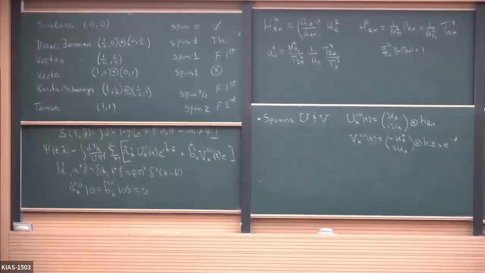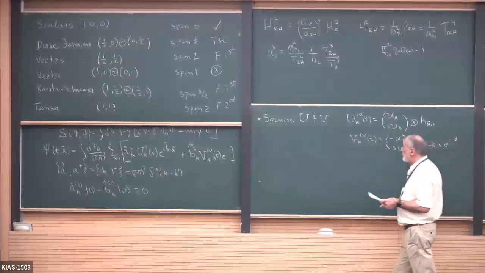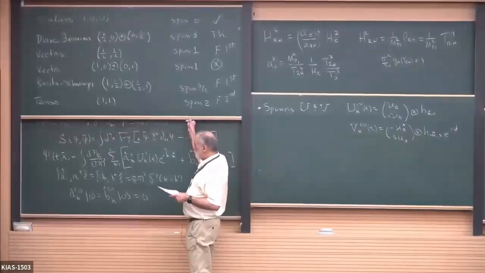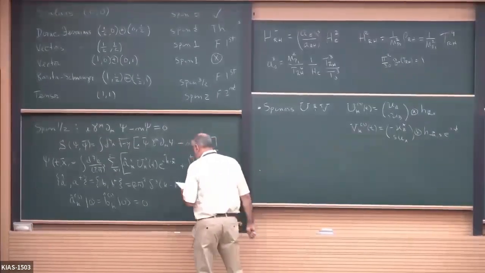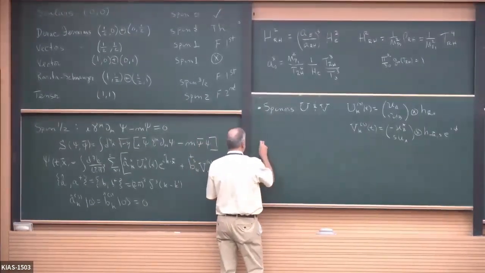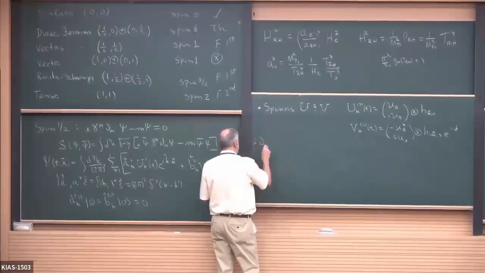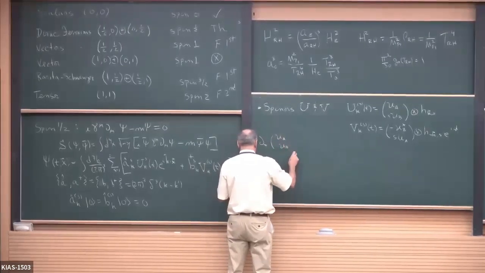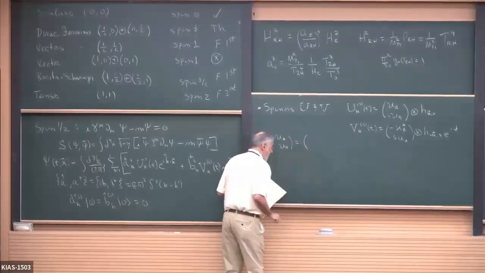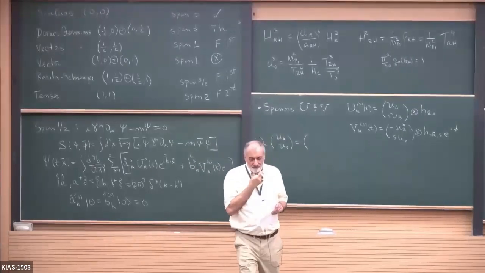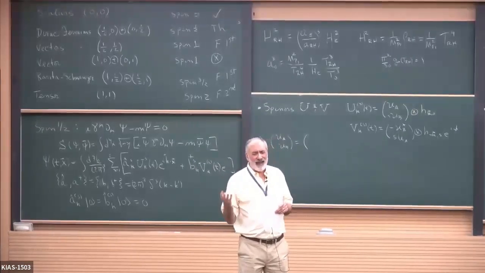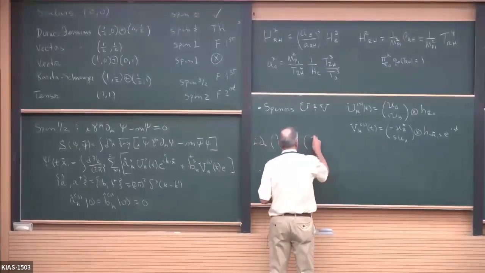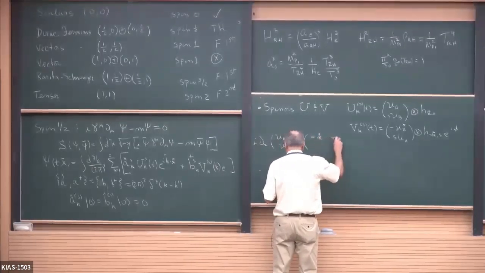And in Minkowski space, there's an equation of motion for U and V that follows from the equation of motion for the fermion. And in case you're interested, I'm going to work in the Dirac representation for the gamma matrices, an old-fashioned representation.